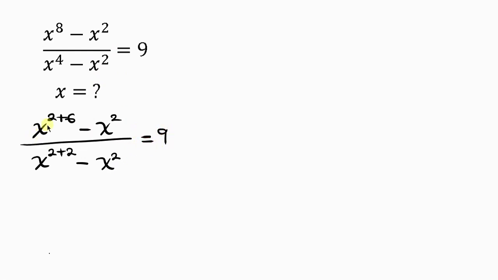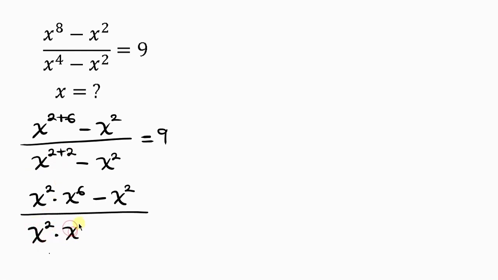Well, x to the 2 plus 6 is the same as x squared times x to the 6, minus x squared, all over. Now, the denominator, we're going to be doing the same thing. x to the 2 plus 2 is the same as x squared times x squared, minus x squared.